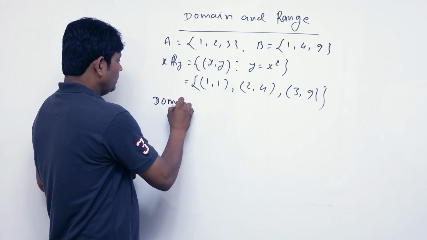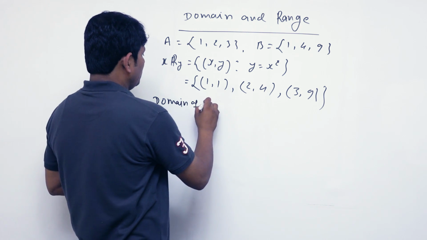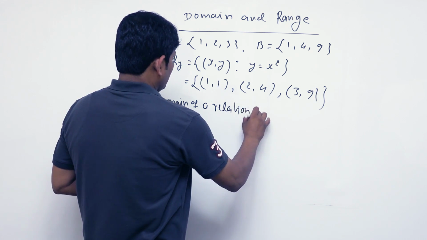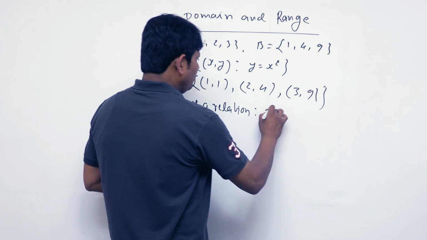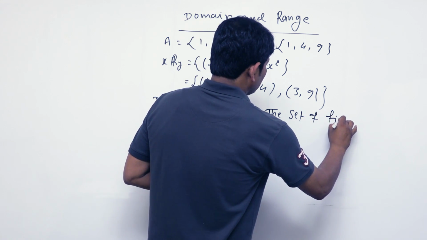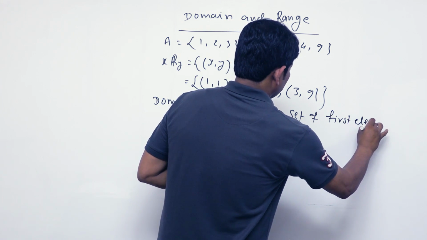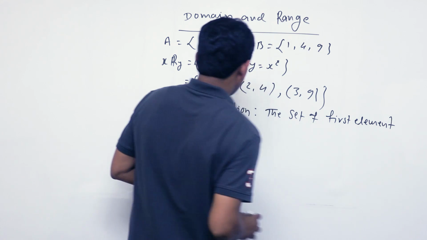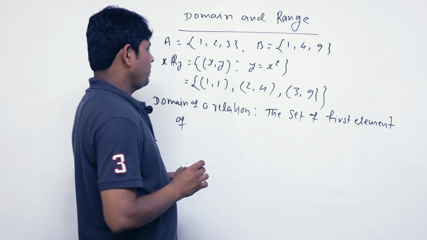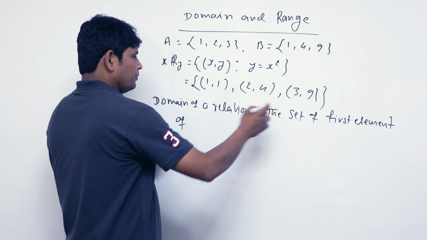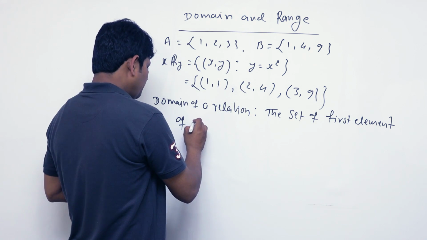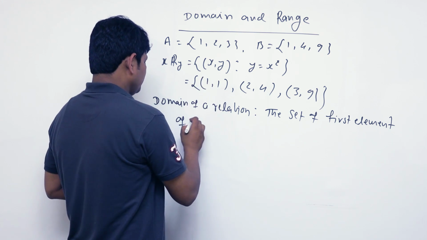Domain of a relation is defined as the set of first elements of ordered pairs of a given relation.